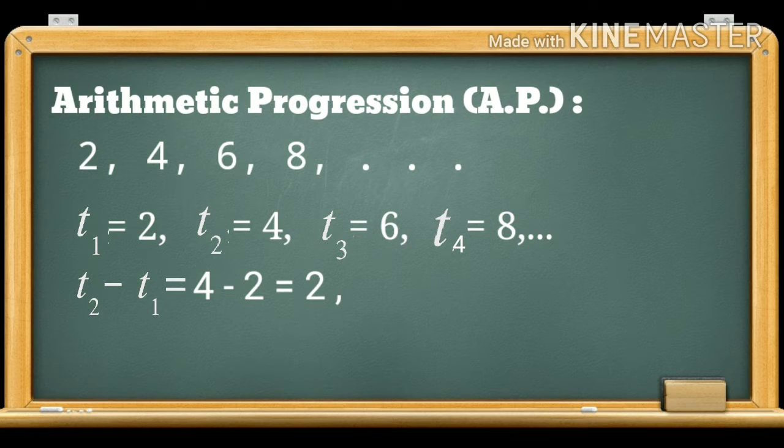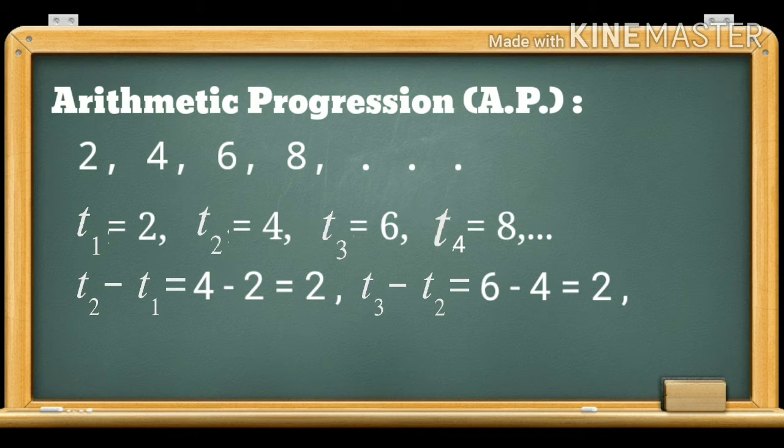Next two consecutive terms are T2 and T3. So difference between them is T3 minus T2, which is equal to 6 minus 4 equal to 2. Next consecutive terms are T3 and T4.